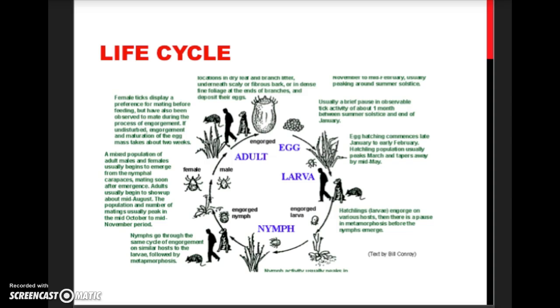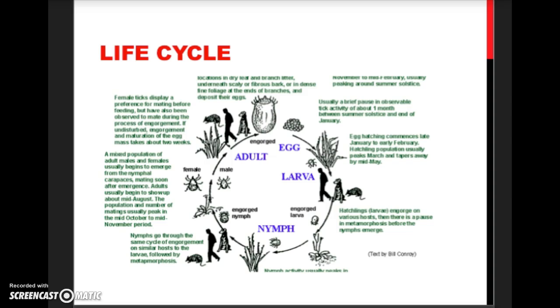It needs to become engorged in the larva stage to become a nymph. The nymph then feeds again, becomes engorged, matures into the adult stage, feeds again, becomes engorged one more time, and then is ready to lay its eggs to complete the life cycle.